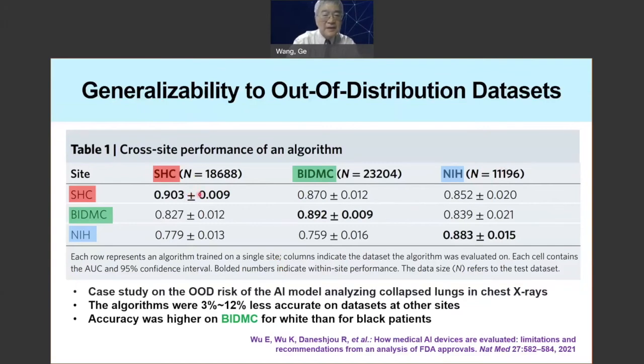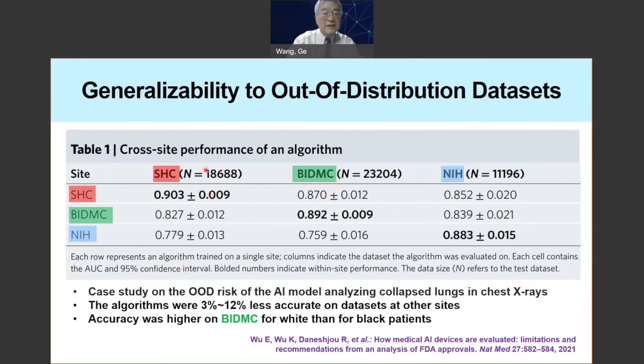same site. But if you use the trained model, like in this case, you train the model on the Stanford data set and test it, you got accuracy over 90%. But if you apply the model to the data set collected in the Boston area or collected at NIH, the performance drops by about 10%. So this is the so-called generalizability issue.